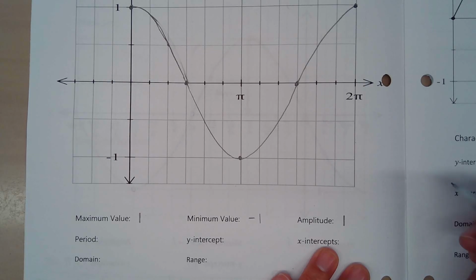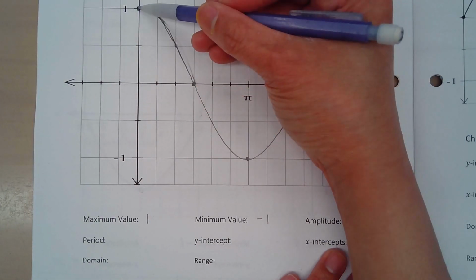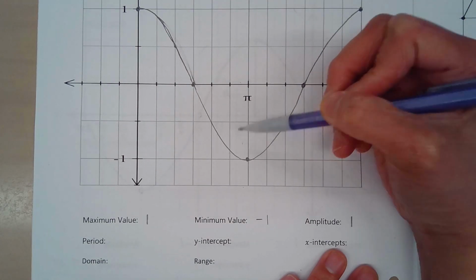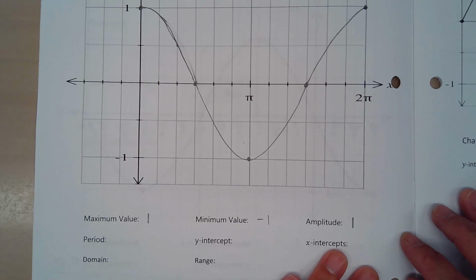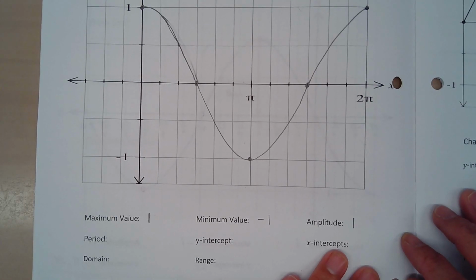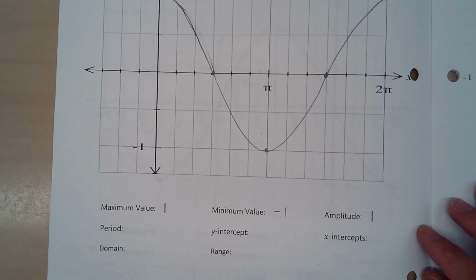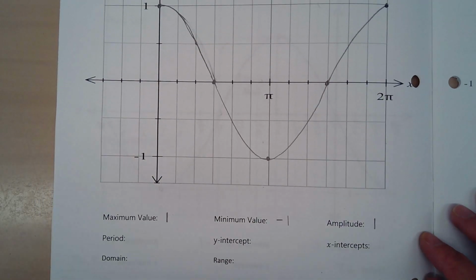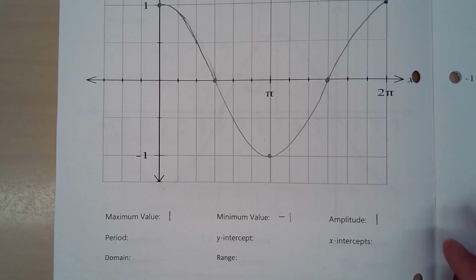An amplitude is from the median line to the maximum, or the median line to the minimum. So we put plus in. Is amplitude always going to be positive? Yeah, always plus. And then we'll see y would be negative, and I'll tie it into something that we've already done before.